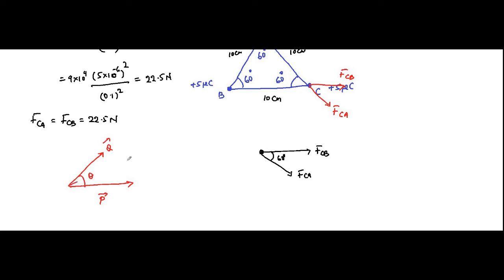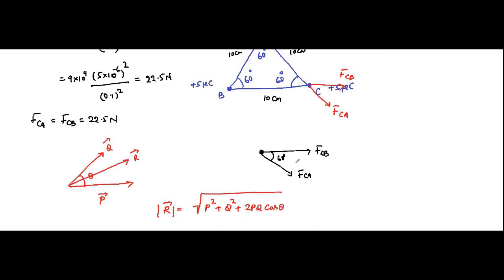The resultant of these two has a magnitude equal to root over P square plus Q square plus 2 PQ cos theta, isn't it?